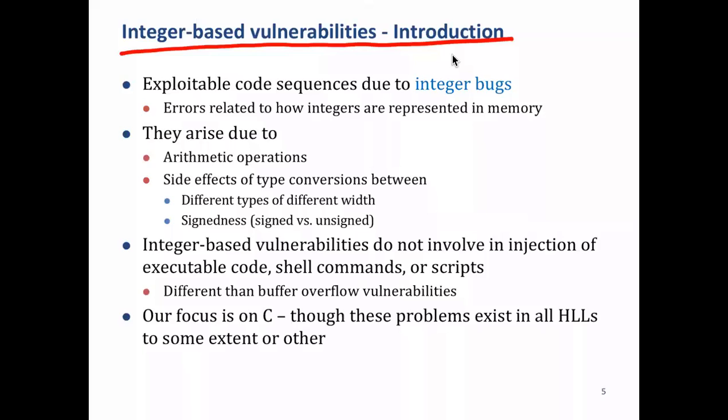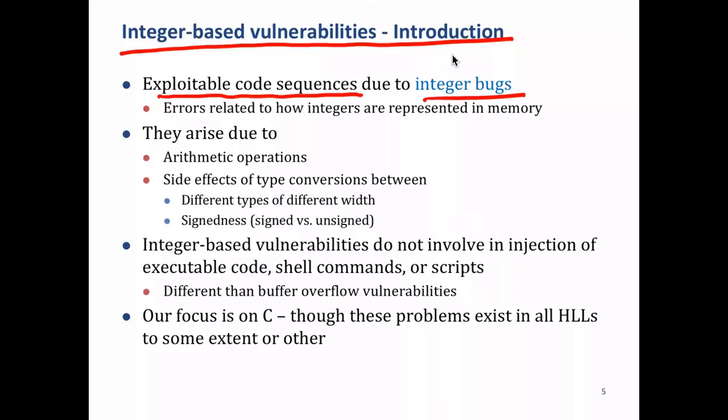So, an exploitable code sequence due to integer bugs means that if you are doing some arithmetic expressions or calculations and there is a bug out there, then somebody can exploit that. Even with an integer error, integer conversion or integer bug, code can be injected or the machine can be crashed and so on, right?